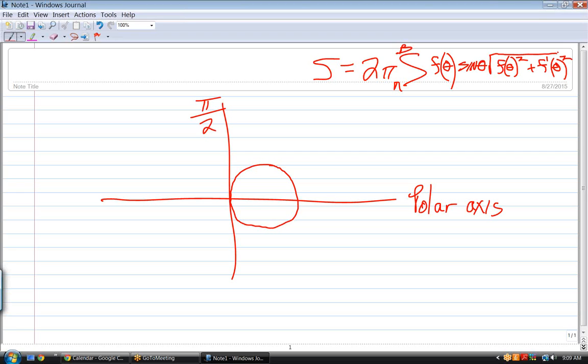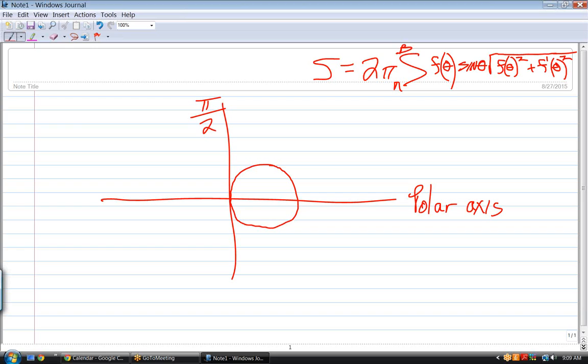Okay, right, I remember that. In other words, this part here was part of our arc length. And that's exactly what arc length is. It's the square root of r squared plus dr d theta squared d theta, and it goes from alpha to beta.